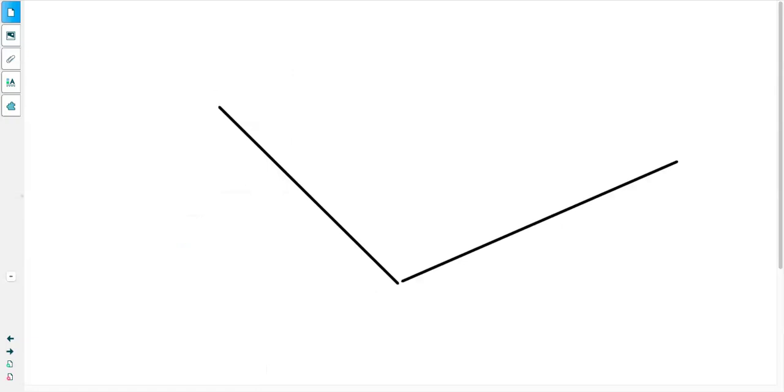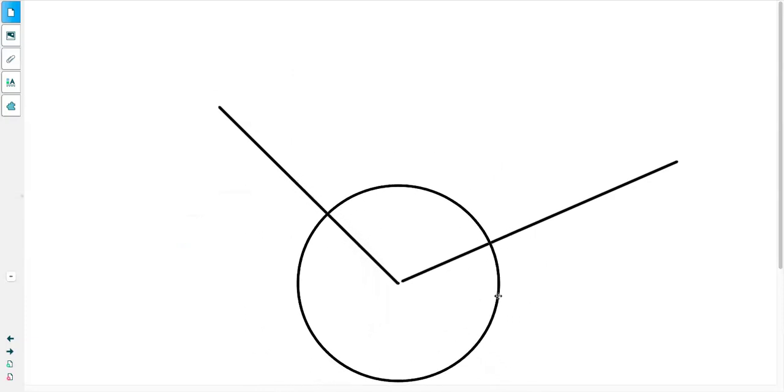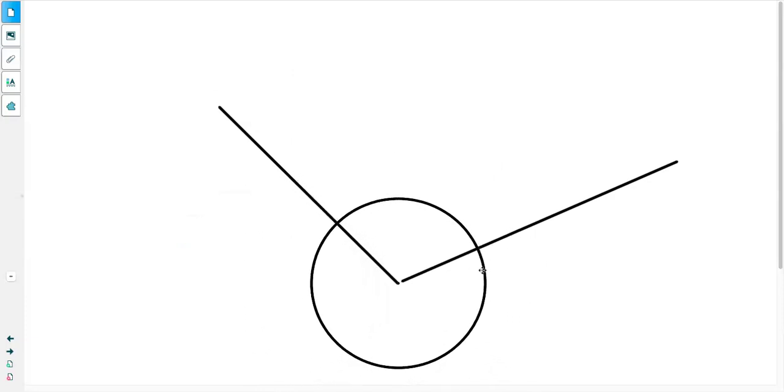So here's another example of it. So let's again start with a circle at the center. Then create a couple more circles.